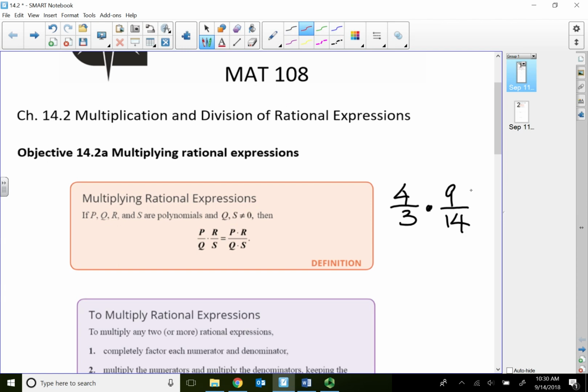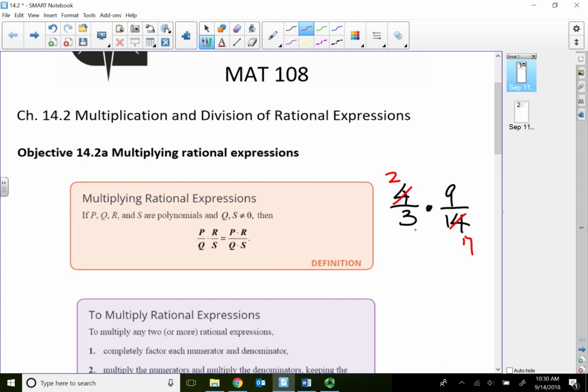the numerator with the denominator. Multiplication of fractions means reduce numerator with denominator before you multiply. So normally we can say the 4 on the top and the 14 in the bottom can be reduced by 2. So that will give me a 2 up here, 7 down here.